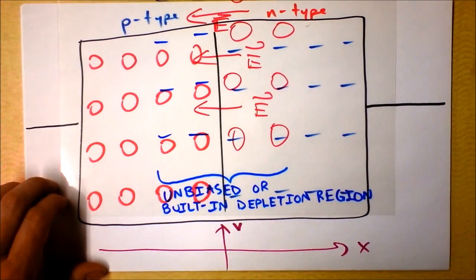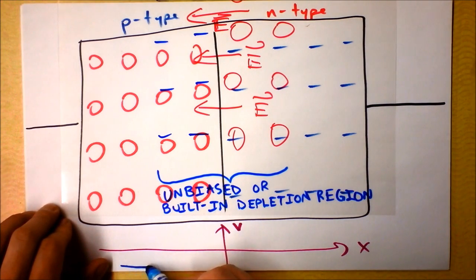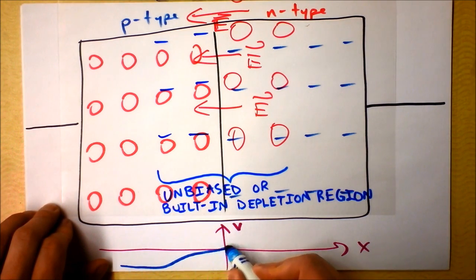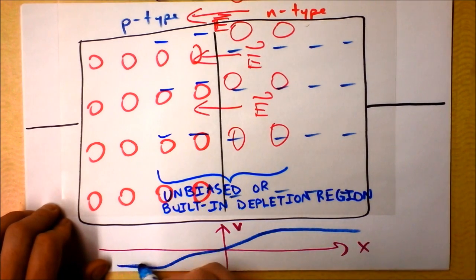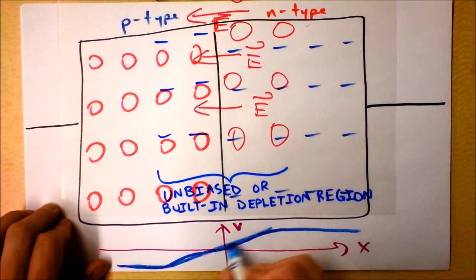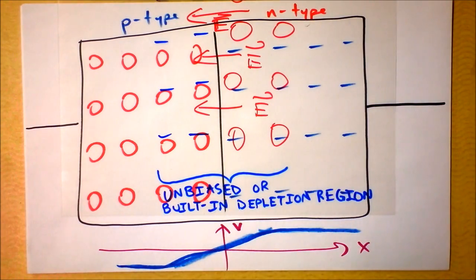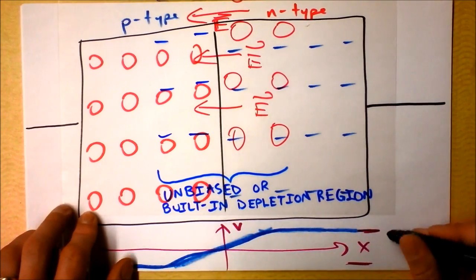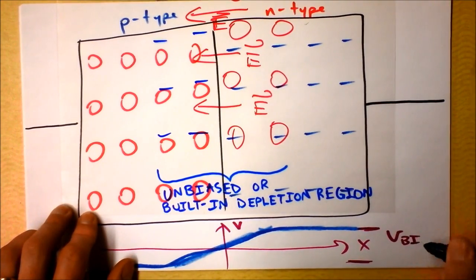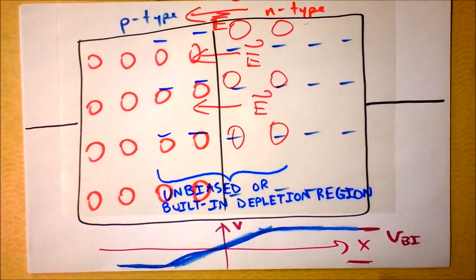This is electric potential as a function of distance, and it starts out low, and during the depletion region, it's actually changing, and then it becomes high. Sorry, this is kind of a sloppy graph. I was hoping to make this a steady slope here, and then that is causing an electric potential, and that's actually a built-in voltage. So this level between here and here in voltage is called the V built-in. It's a built-in voltage drop that's present inside of a diode.